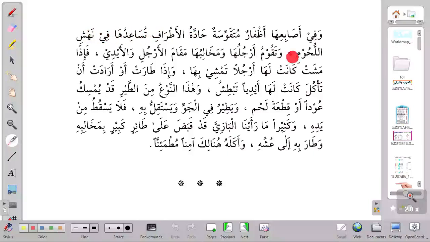Tusaiduha fi nahshil luhum, it helps it in tearing meat. Takumu arjuluha wa makhalibuha, its legs and its claws, makhalib, the claws, they stand in the position of the arjul, the legs, and the hands, meaning that they function as arjul wa aidi, legs and hands.